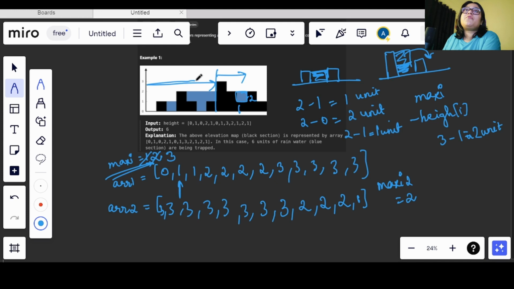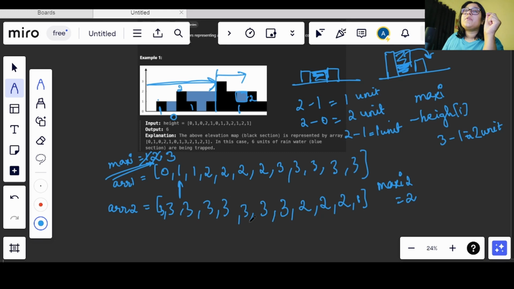Now when we were moving from this end to this end, the value that we were getting on subtracting with the maximum value was, means when we were subtracting this highest value from 0, then we were getting 1 unit only. When we were subtracting this 1 from 2, we were getting 1 unit only.